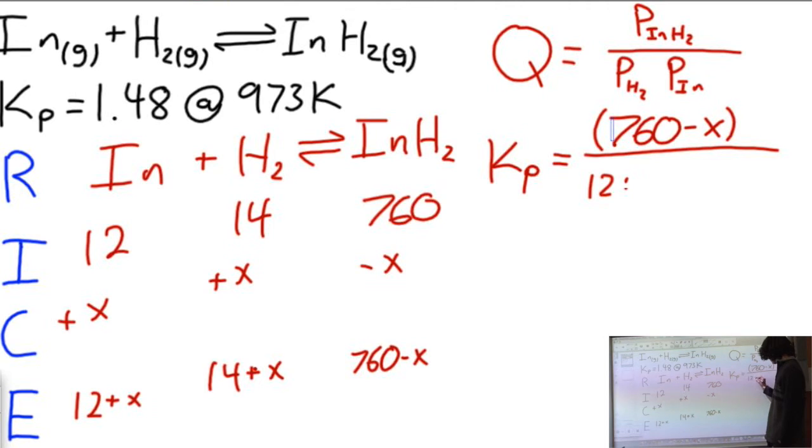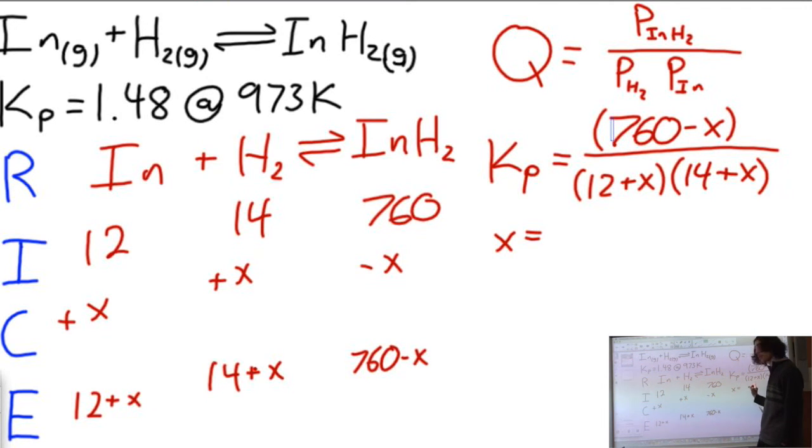So that's 12 plus x and 14 plus x. If we simplify this equation and solve for x, you have to solve a quadratic in order to do this. You solve for x and you get about 9.5.